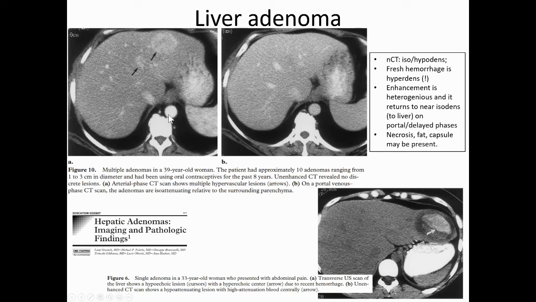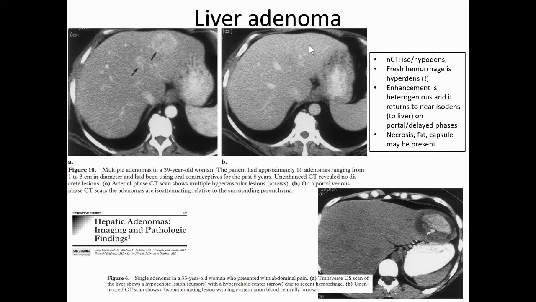So if you give the patient contrast, then you will see faint circular areas of enhancement, which is inhomogeneous. However, since these are benign lesions, then they will become the same color on the venous phase as the liver parenchyma. So there's no washout here.